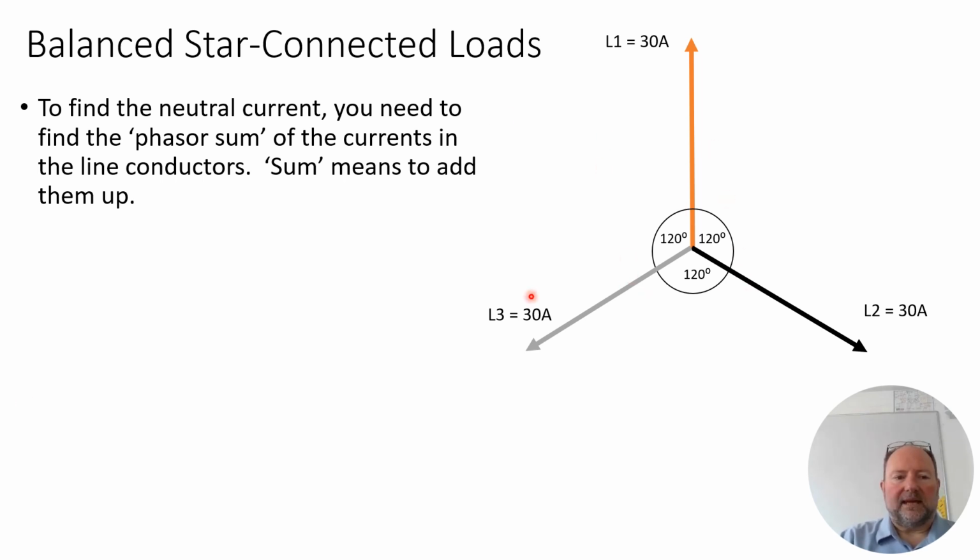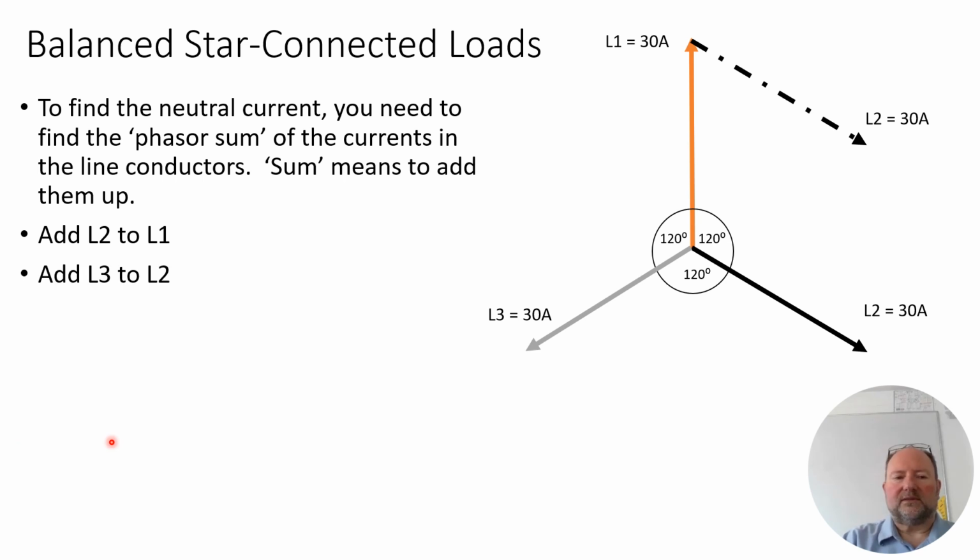So let's do that then. If I was to take line 2 and add it onto line 1, we would do something like this. Just imagine that then. What I've done is taken the current in this line conductor with its magnitude and its direction and added it onto the end of line 1. I'm now going to do the same, take line 3 and add it onto line 2.